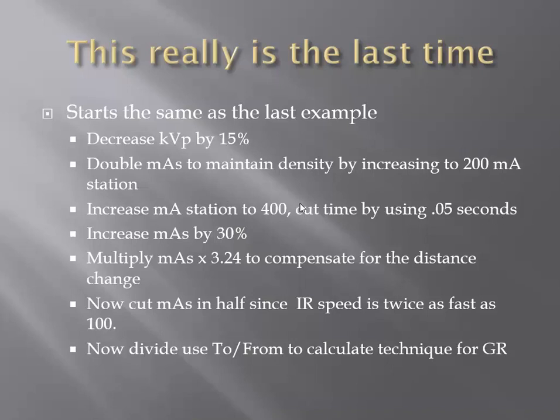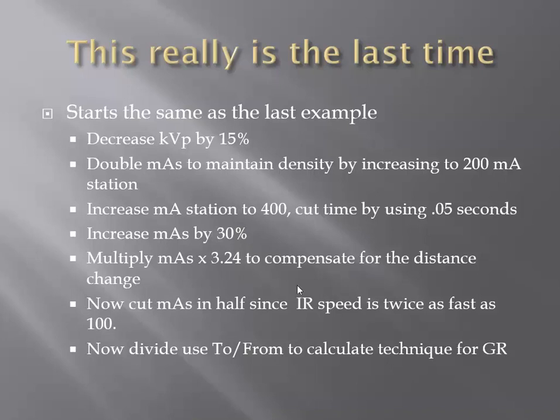We would now cut our exposure time in half by doubling our mA, and we'd increase our overall mAs by 30%, and we multiply our mAs by 3.24 because we increased our distance, and according to the direct square law, we needed to increase our mAs by 3.24 for a change from 40 to 72 inches.